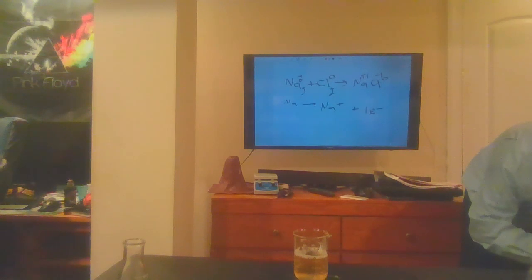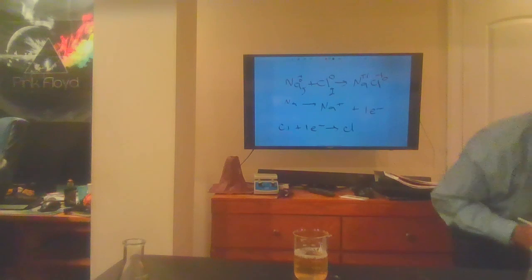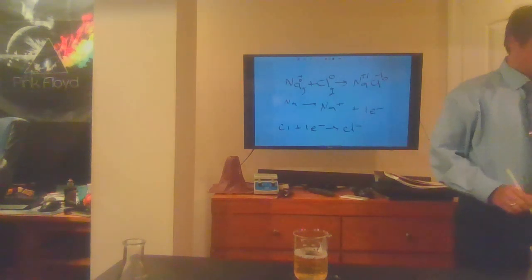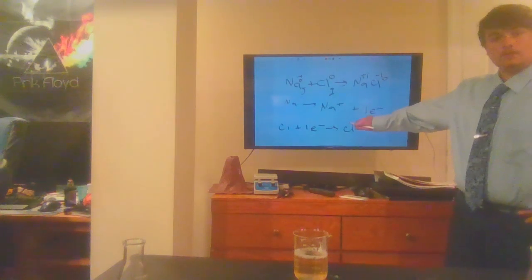Now for the chlorine, it's being reduced, so we go Cl plus 1 electron gives Cl-. So sodium is being oxidized, chlorine is being reduced.